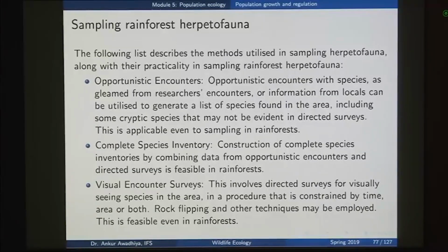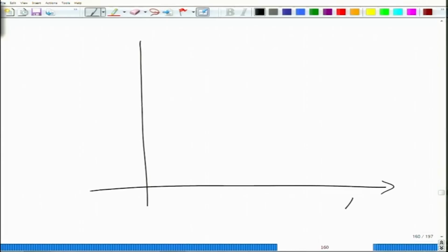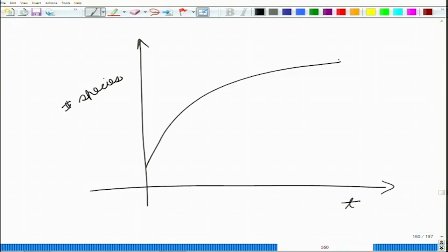So, we looked at the species discovery curve or the species accumulation curve, in which you have time on the x axis and the number of species on the y axis, and we saw that it increased and then it started reaching a level of saturation. Now, to know more and more about the species that are found in a rainforest area, you could go for an opportunistic encounter.